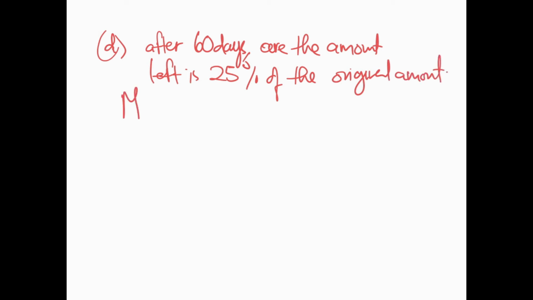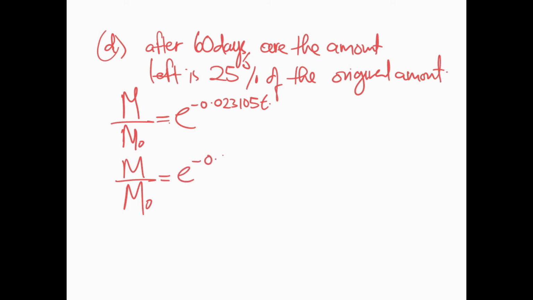So again, m over m0 equals e to the power of negative 0.023105t. So after 60 days, m over m0 will be e to the power of negative 0.023105 times 60.